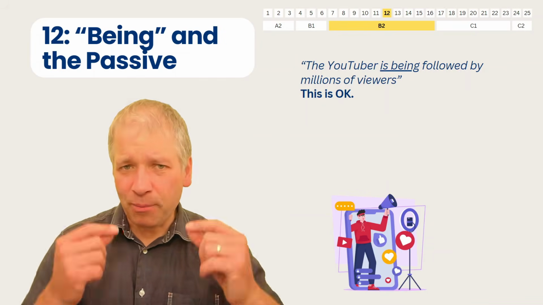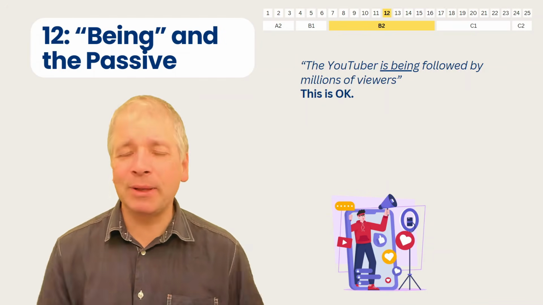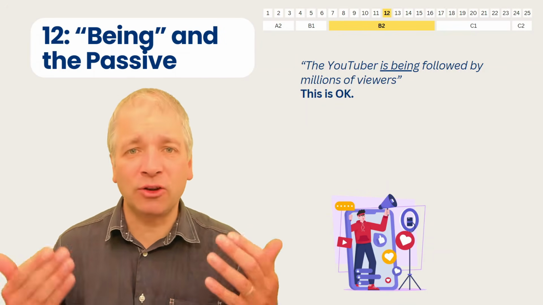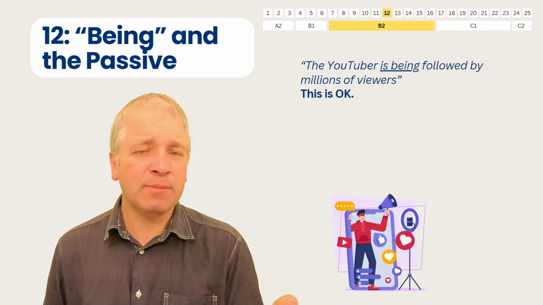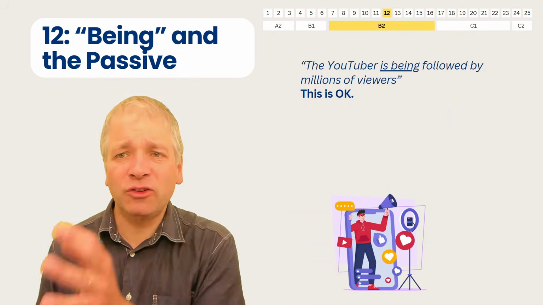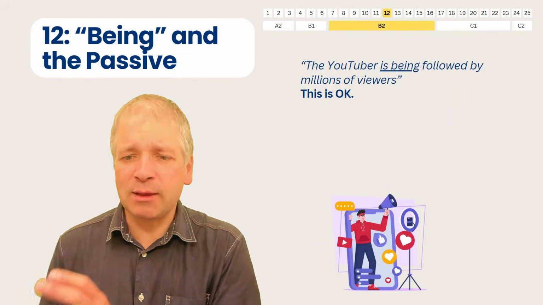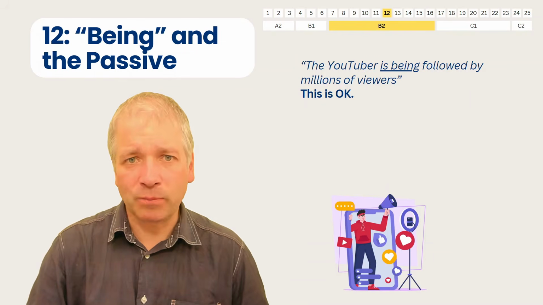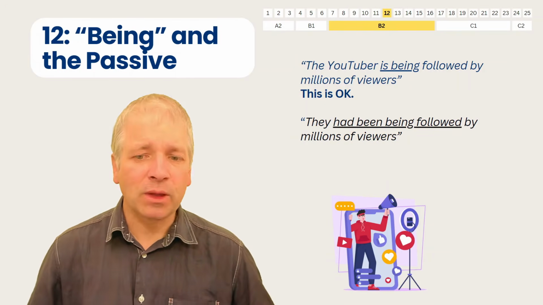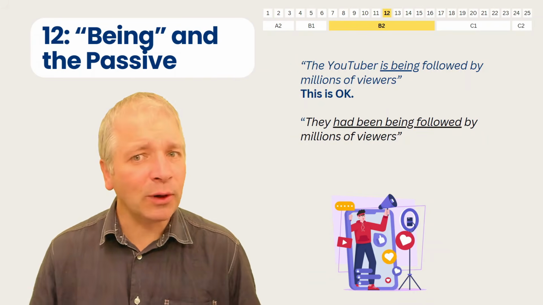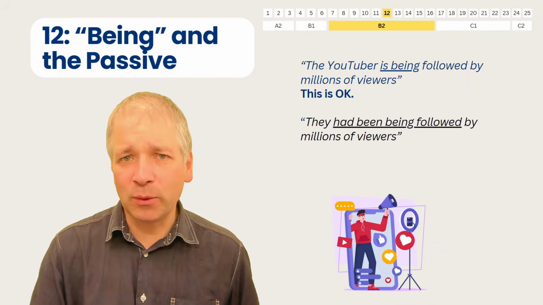So this is a present situation. It's happening now. We need to use the present continuous. So we use is as our tense marker, and then we want the present continuous of the verb to be, is being. That's okay. Is there a problem with this sentence though? They had been being followed by millions of viewers.